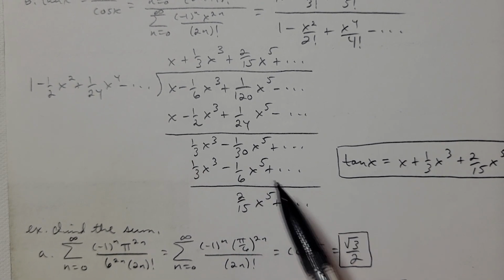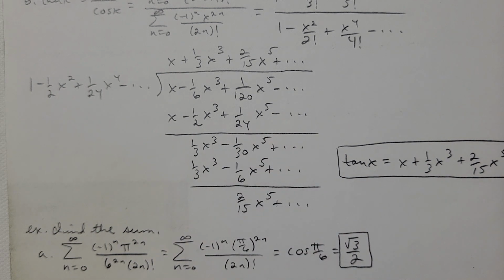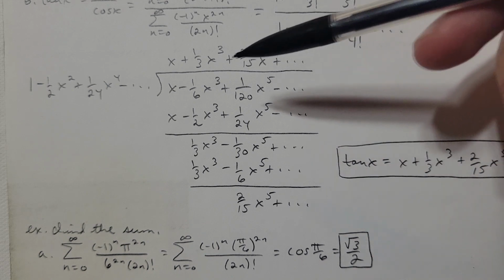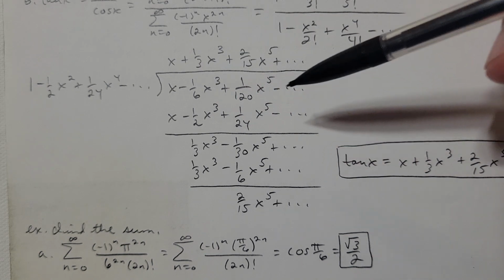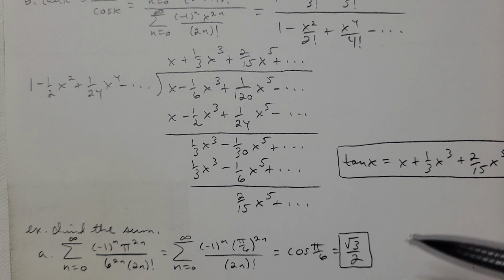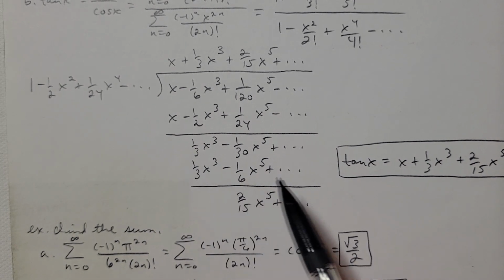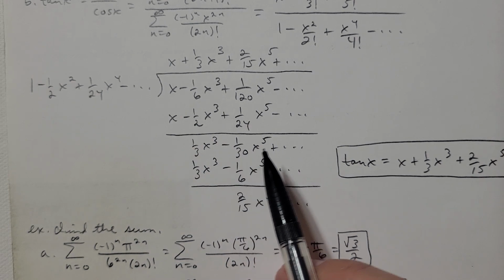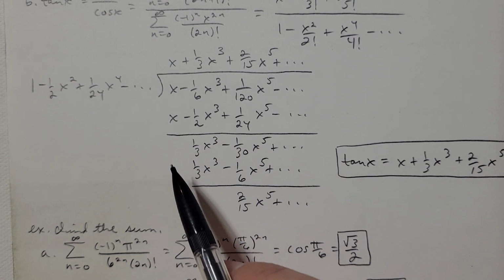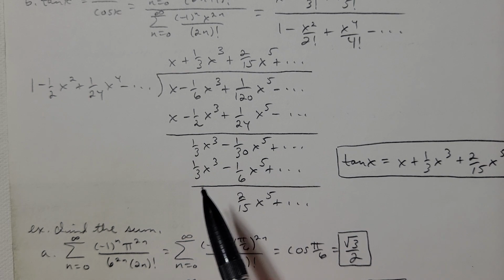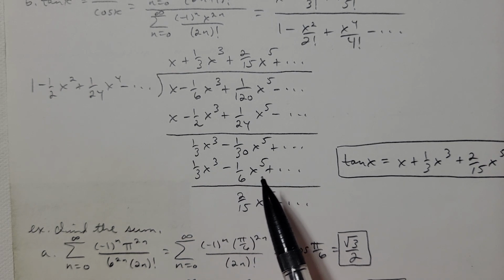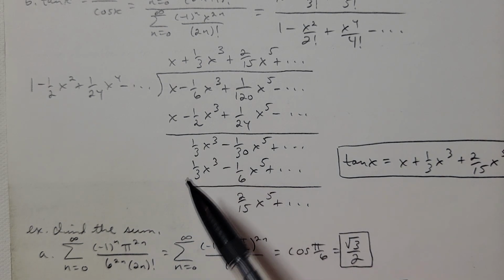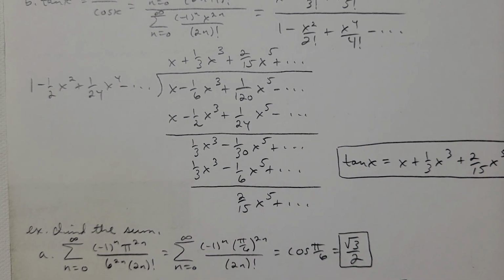I could keep going, but it's not necessary, because all I need to do is find the first 3 non-zero terms. So I've got the first 2 so far. Then the next thing would be I'm subtracting this. So take 1/3 x cubed minus 1 over 30 x to the 5th plus, etc. Then minus 1/3 x cubed plus 1/6 x to the 5th minus, etc. Okay, so 1/3 x cubed minus 1/3 x cubed is 0.